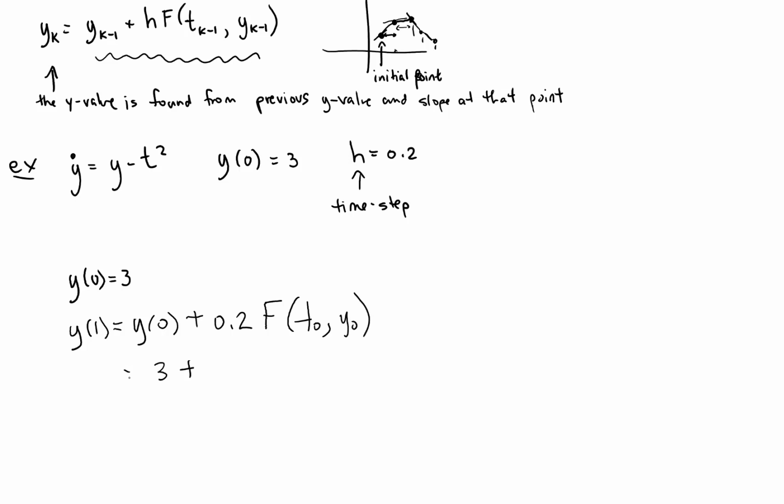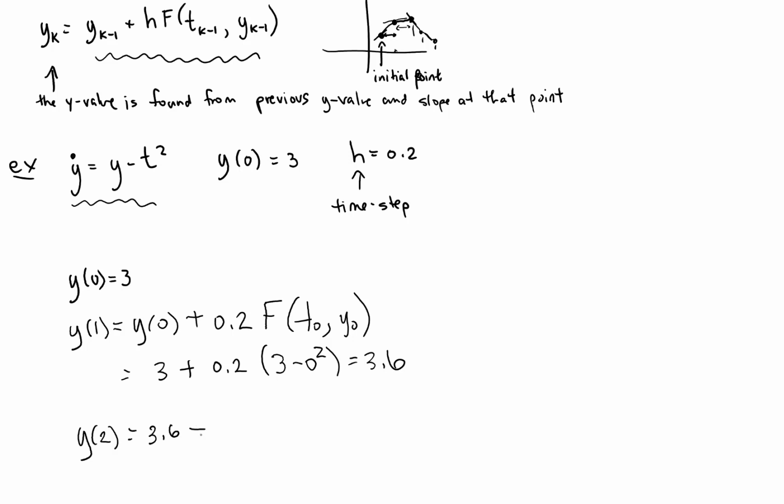So this becomes 3 plus 0.2 times (3 minus 0 squared), and I now get a value of 3.6. And so we can find that location, and then I can go on to my next point.